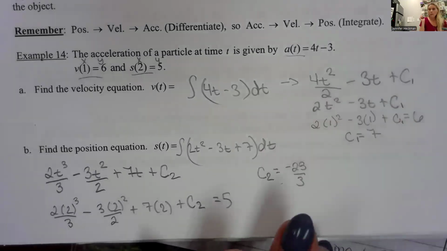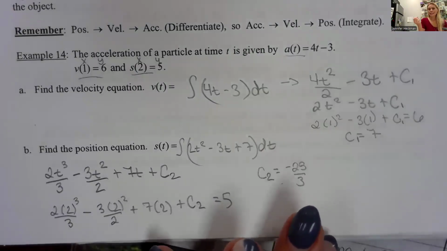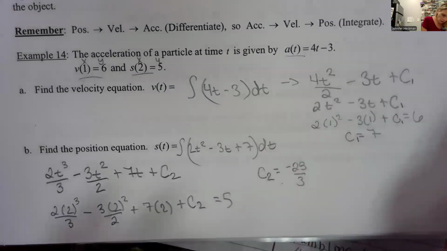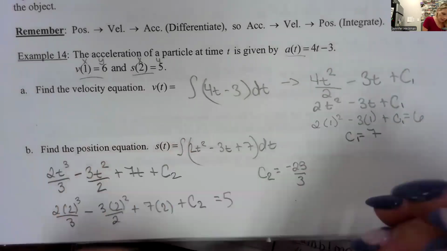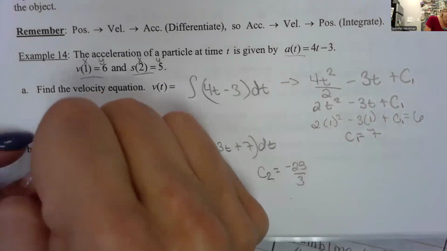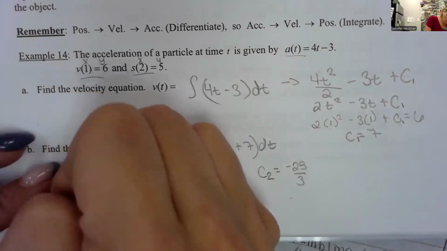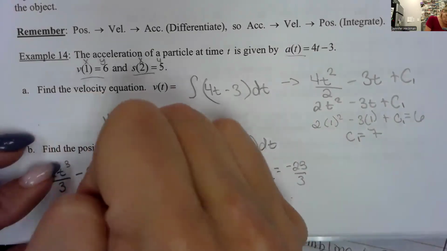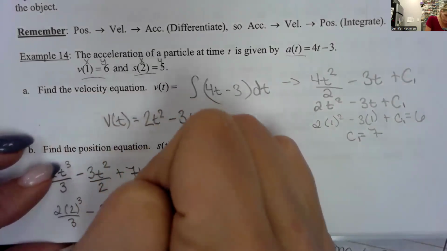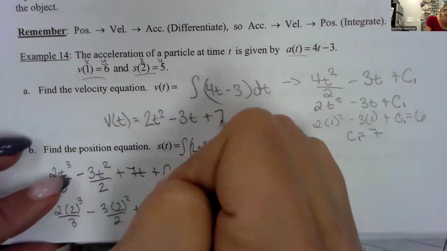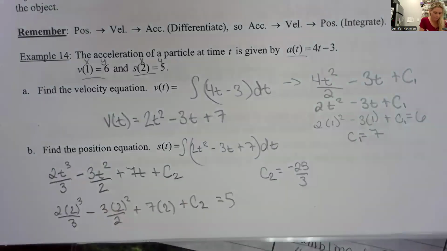Now remember, my question was, what is S of t? So if you want to even indicate this more, keep in mind that this is V of t. So V of t equals 2t squared minus 3t plus 7. That's why we took the integral of that.